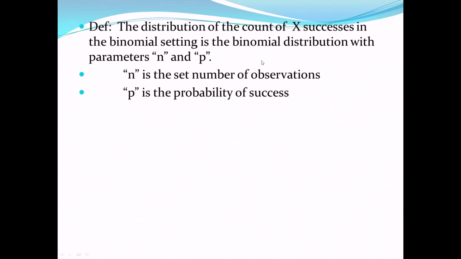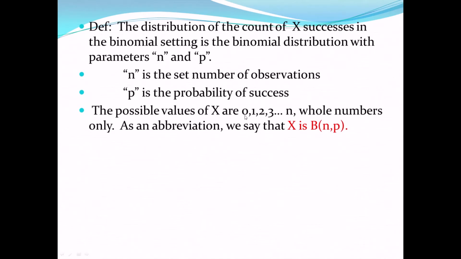Now, if you remember, normal distributions have parameters mu and sigma. So these are going to have a notation not too dissimilar from how you would notate normal. n is the set number of observations. p is the probability of success.